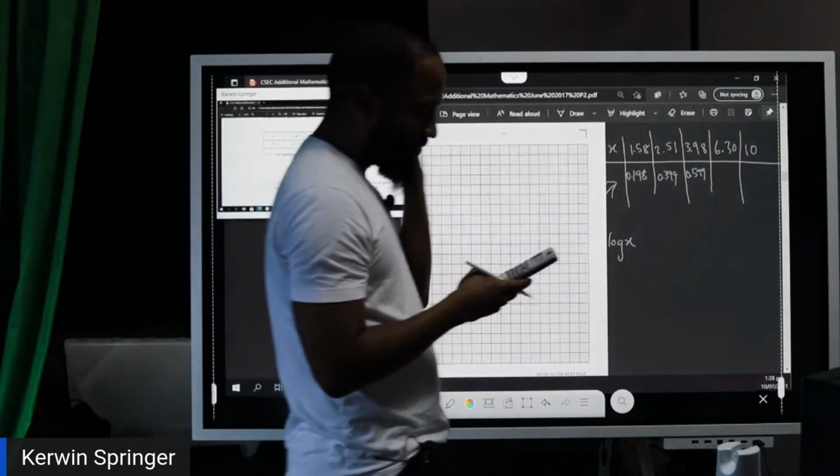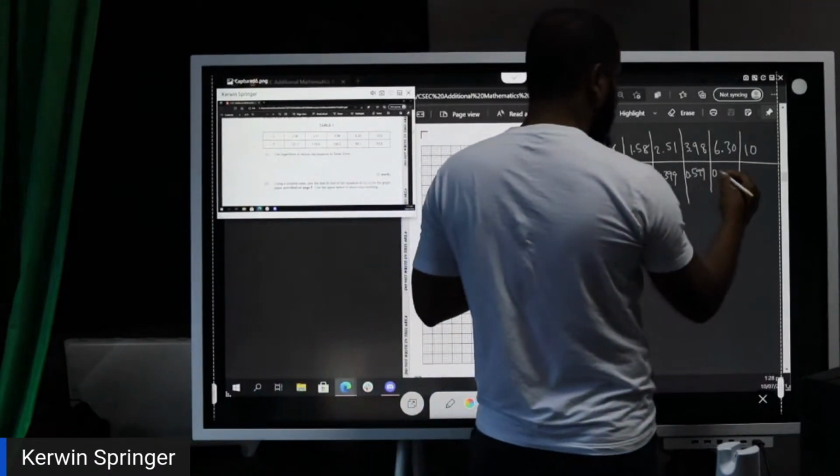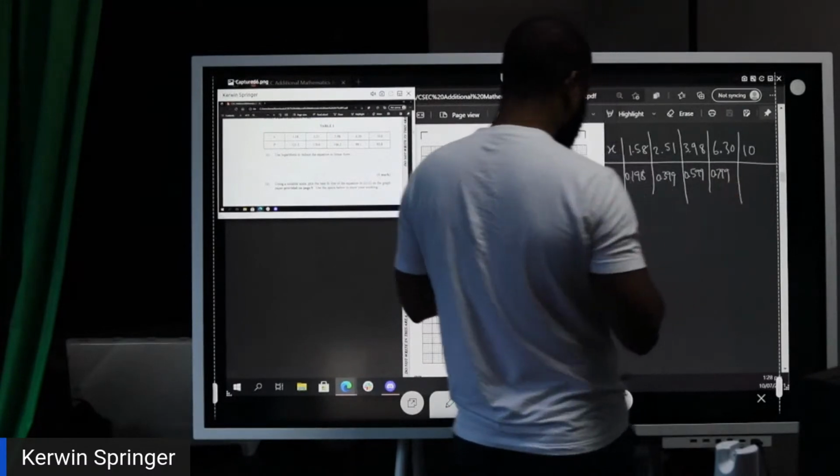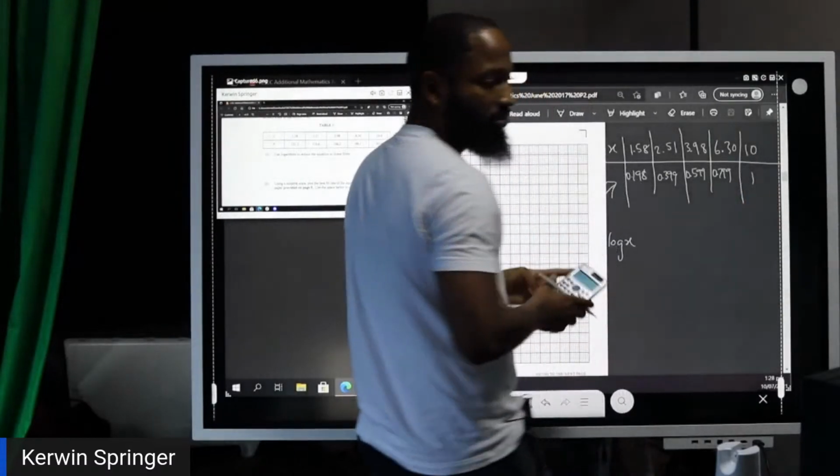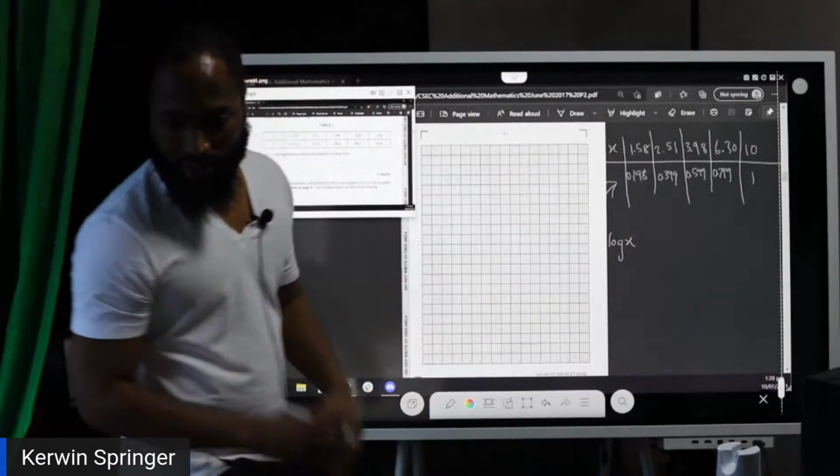Just double check those numbers for me. Again, 0.799. They purposely did it like this, and this one is just going to be 1, right? Log of 10 is 1. So that I can get solid answers.